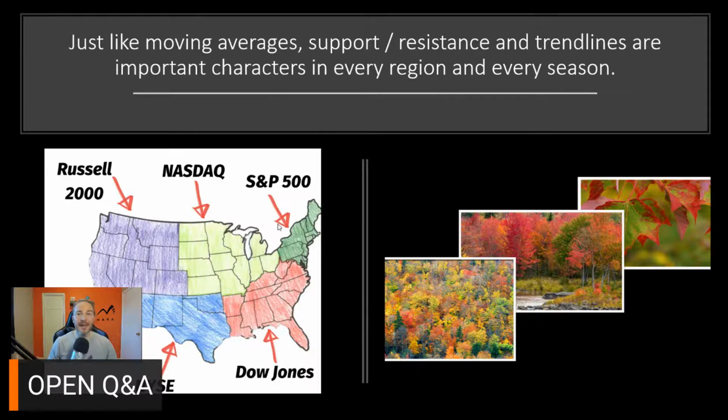Same thing applies in crypto. If all the major coins, your Ethereum, your Litecoin, your Bitcoin, all of them are rolling over, it's just a matter of time until the others go as well.